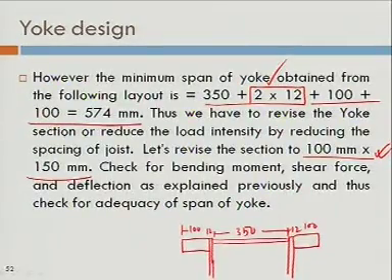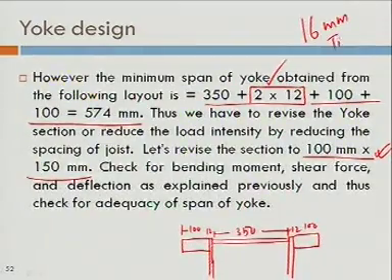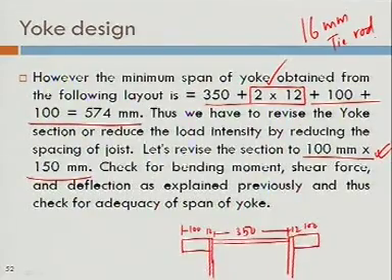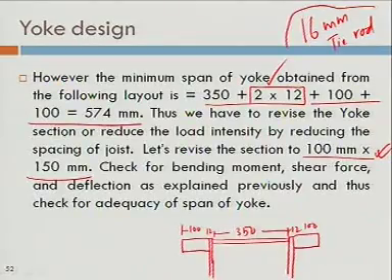Okay. Now can you check whether this 16 millimeter tie rod is sufficient or not? The only thing now we are left out with is the cross checking of tie rod for its adequacy.